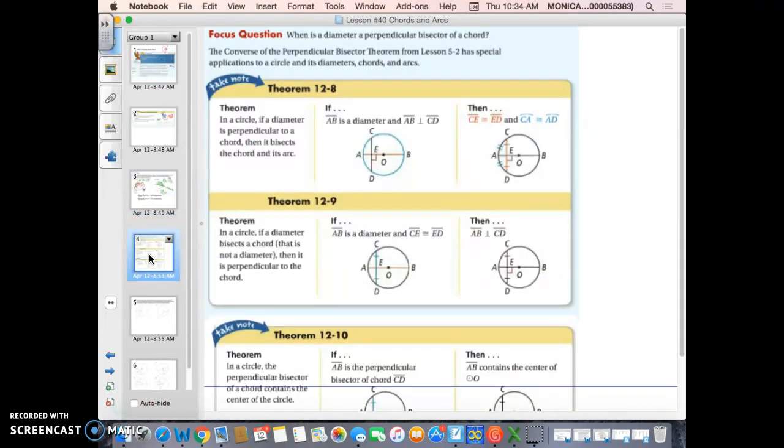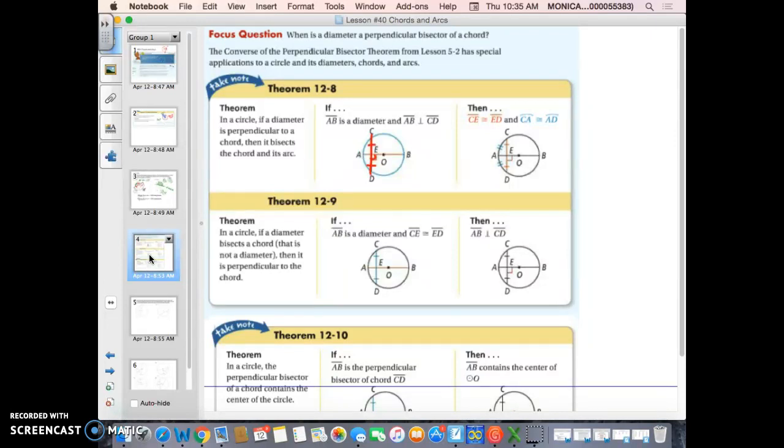Okay, a couple more pieces of information that we need to know about chords: if a chord intersects a diameter at a perpendicular angle, then they also bisect each other. So this chord here is intersecting this diameter and they're making a 90-degree angle, then I can say that this segment and this segment are congruent.